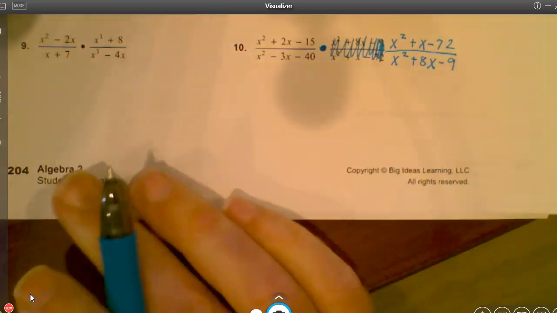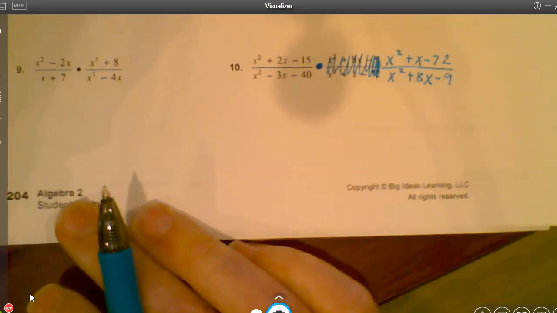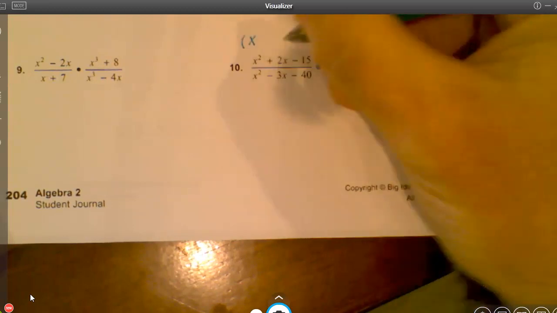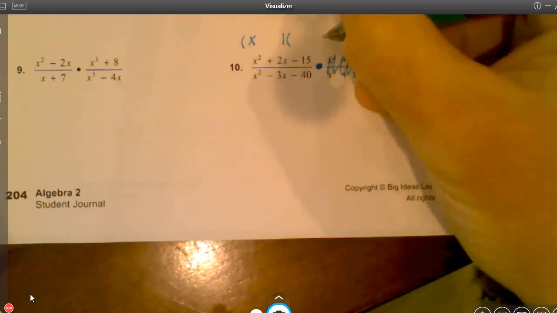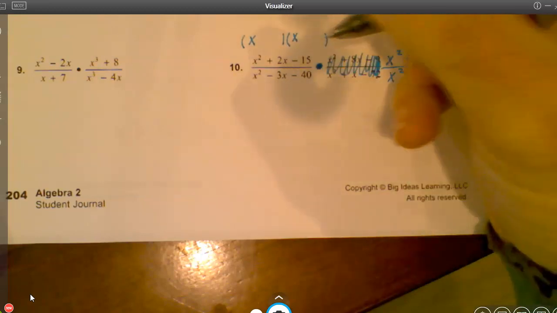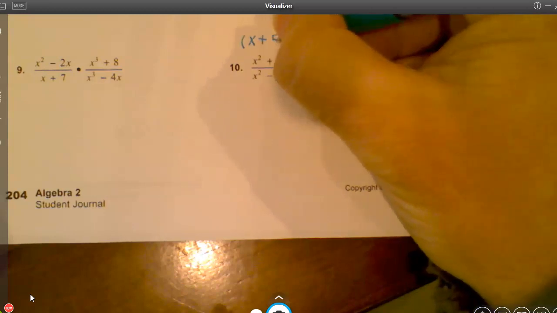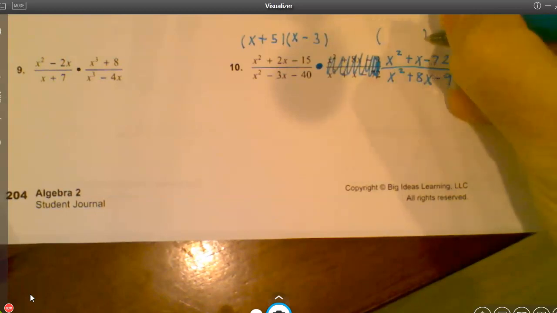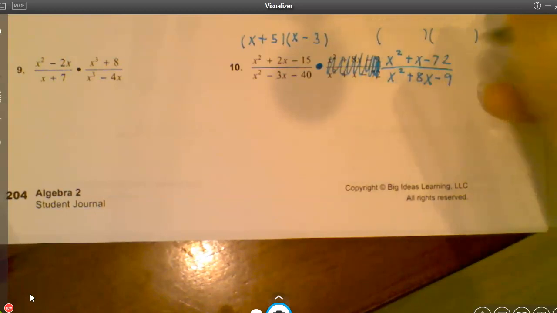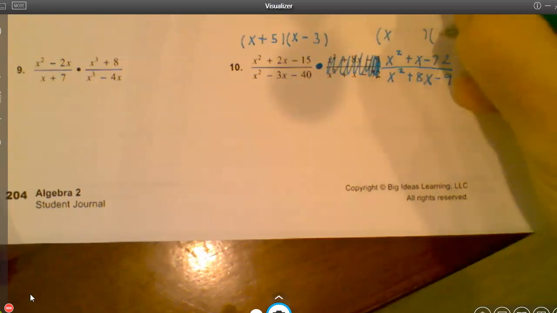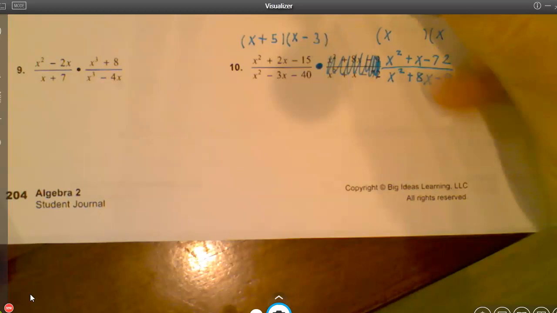So this would be a great place to pause our video here and give this one a shot before I do it. But I'm just going to start factoring. So numbers that multiply to be -15, that add to be 2, would be our +5, -3. Over here, numbers that multiply to be -72, that would add to be 1, would be +9, -8.